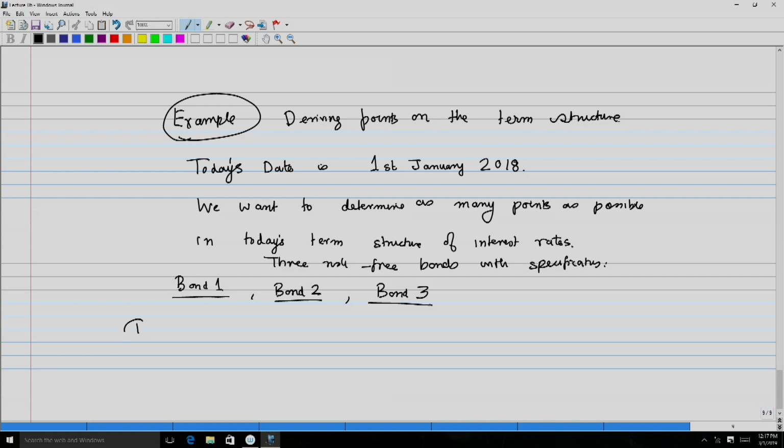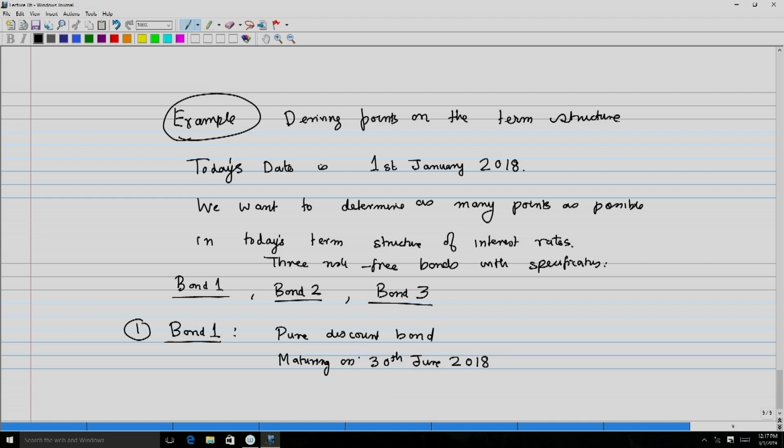So, first let me state the characteristics of the first bond, which I call bond 1. So, bond 1 is a pure discount bond, and this is maturing on 30th June 2018.